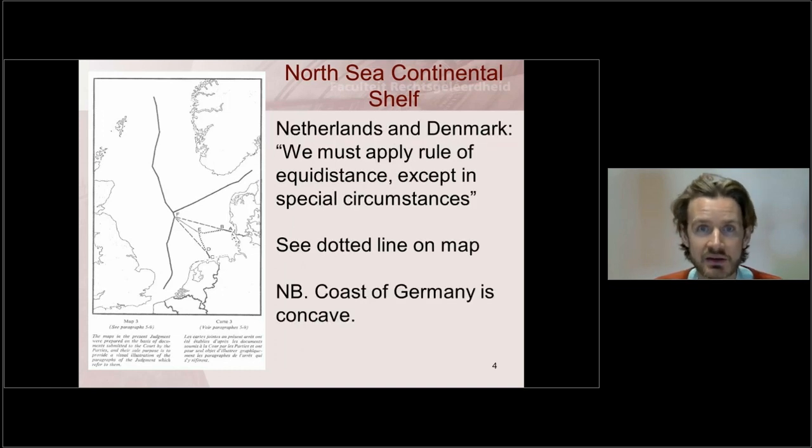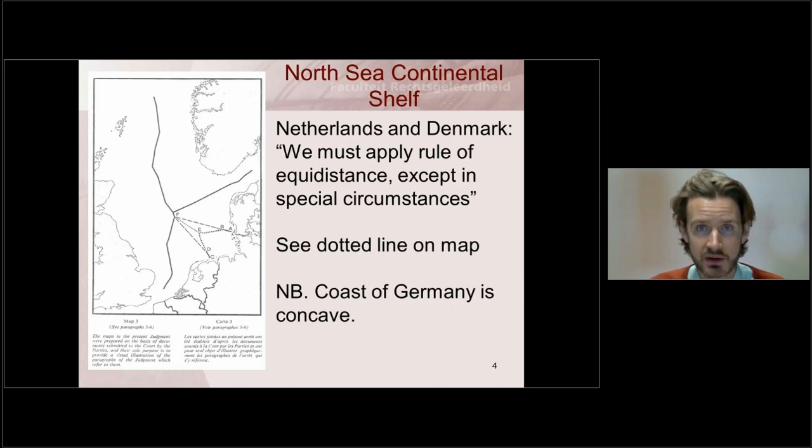But the Netherlands and Denmark had a different suggestion. They proposed that the equidistance rule should be applied because they held that under customary international law, the equidistance rule would be determinative of the delimitation of a continental shelf.